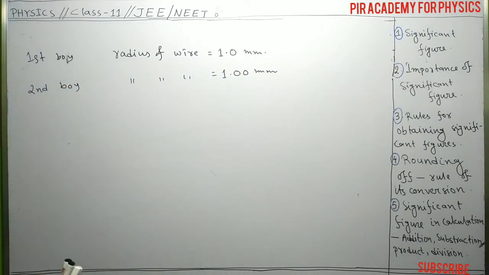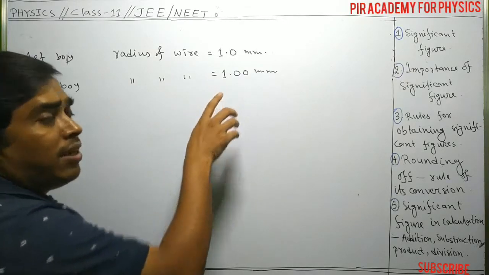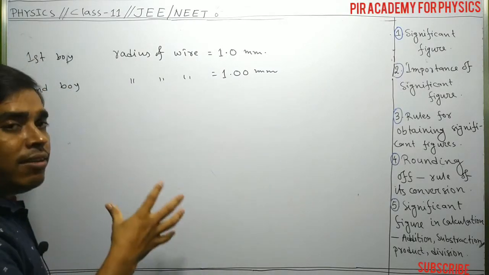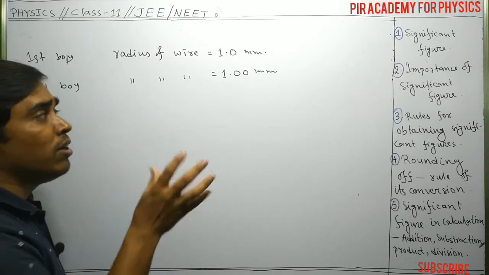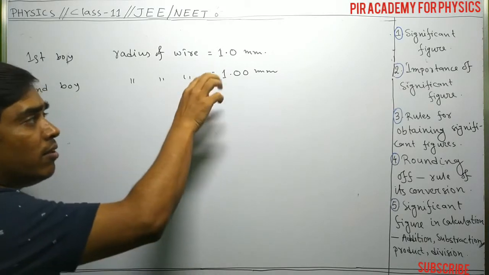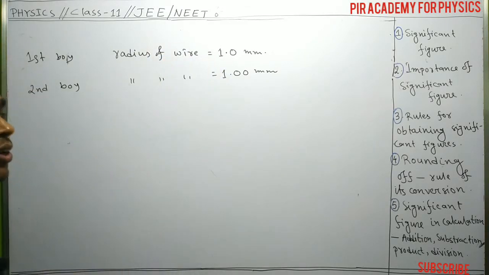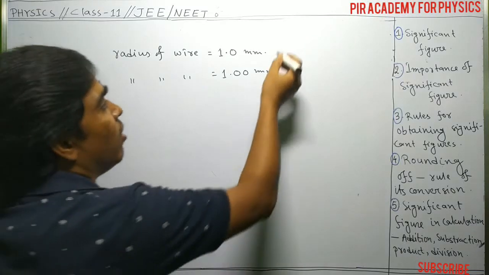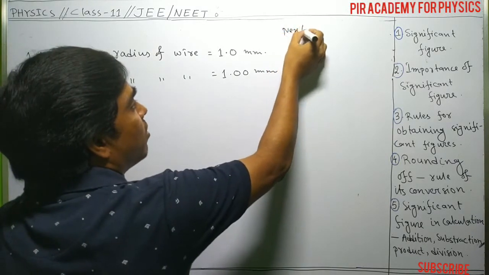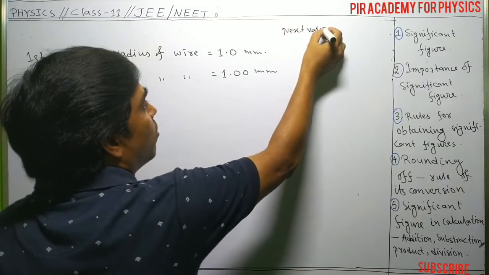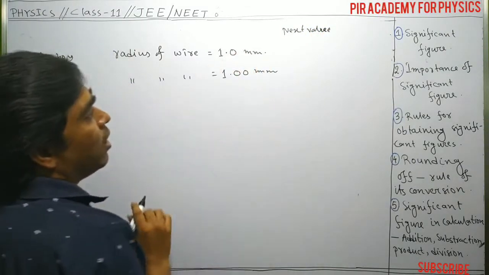You see that these two values are the same in magnitude, but there is a difference. You have to know what the difference between these two calculations is. What is the next value of this measurement?